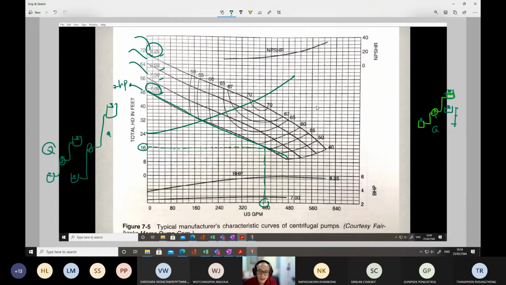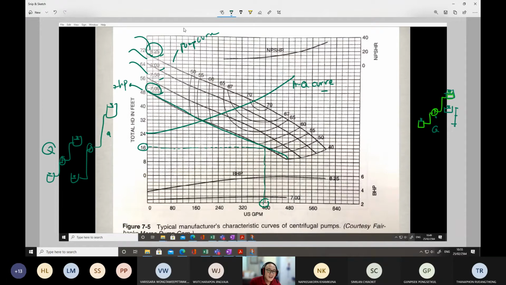This is the HQ curve, or the TDH curve. The intersection between the pump curve and the HQ curve is the point where the pump works.